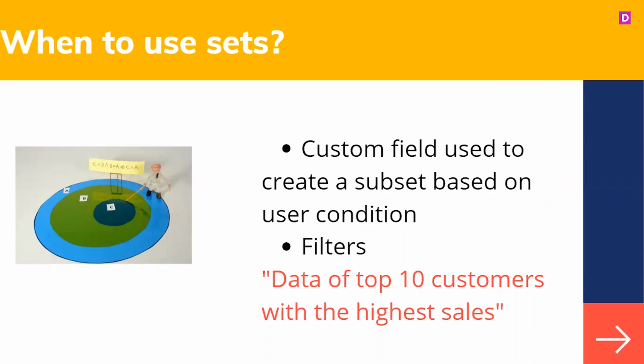You generally use a subset when you want to find data like the top 10 categories of customers with the highest sales. When you want to perform these kinds of operations, you will be using something called a set.